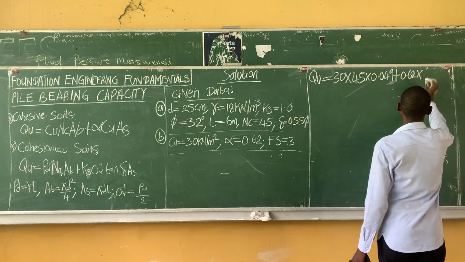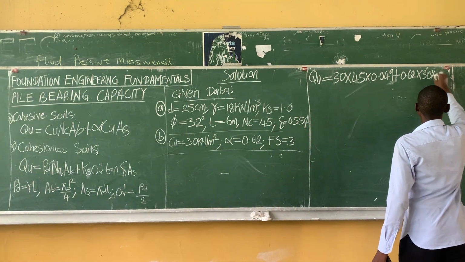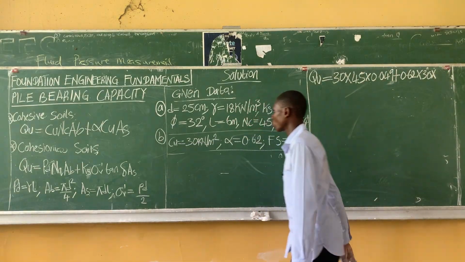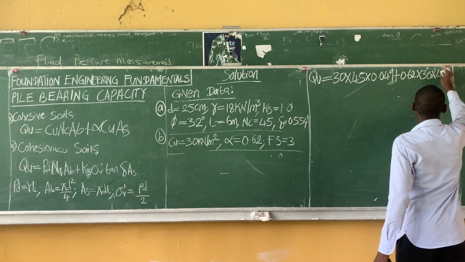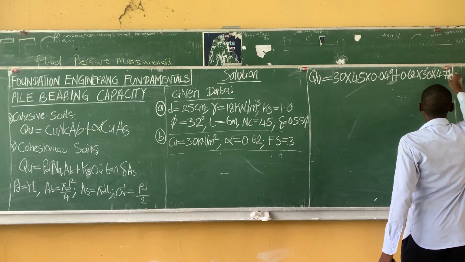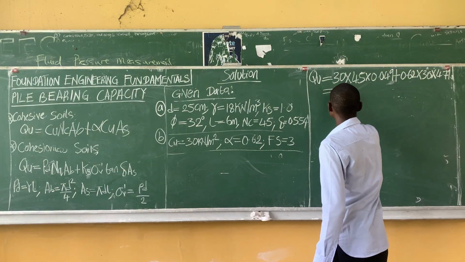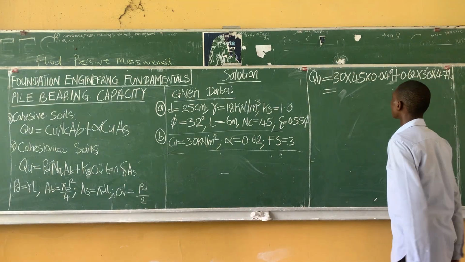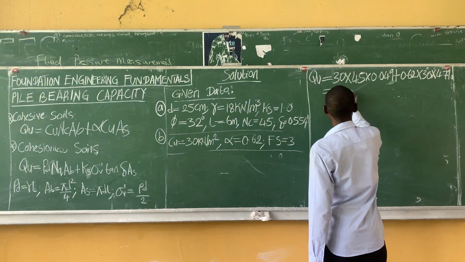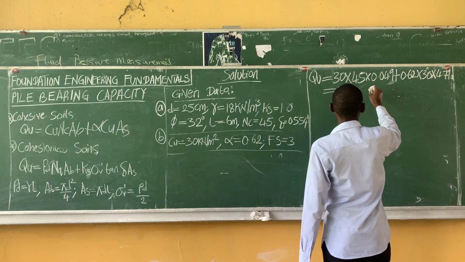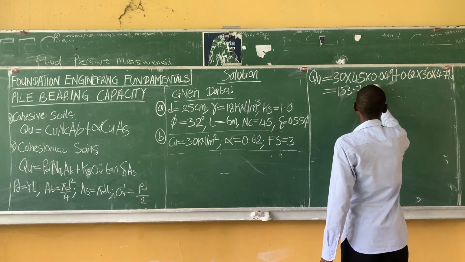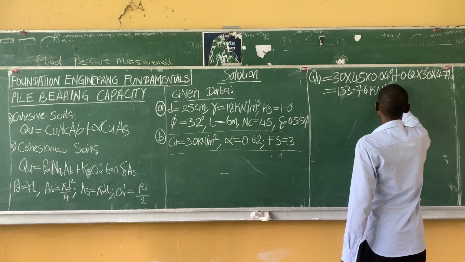Our CU is 30 times the last expression AS, which is 4.71. Hence, this will give us 153.76 kilonewton per meter.